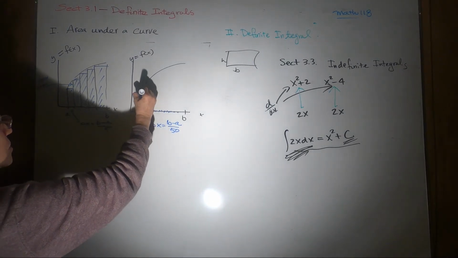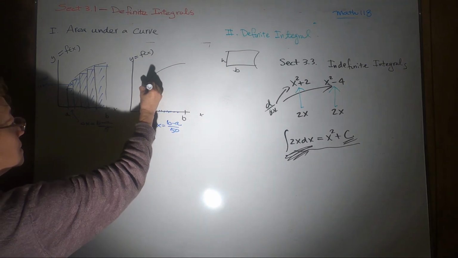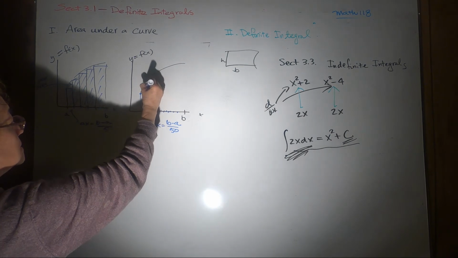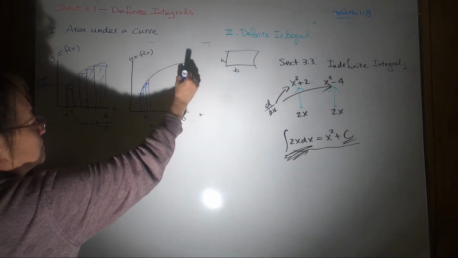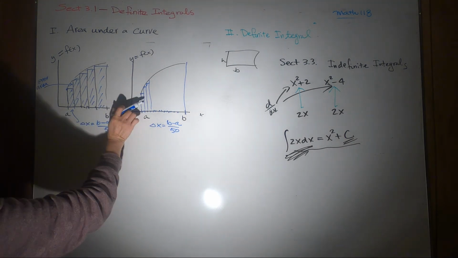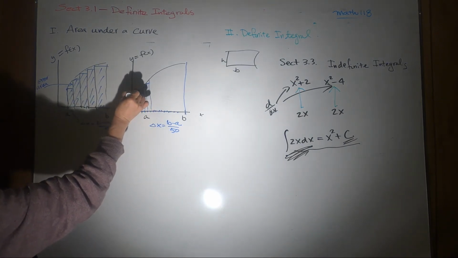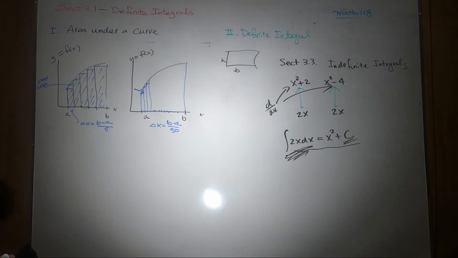Okay, so if I do that, then you can see our rectangular shapes will be closer to the curve. So the error areas will be smaller, right?